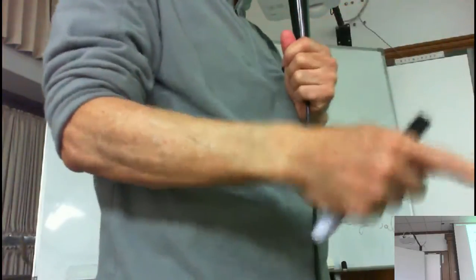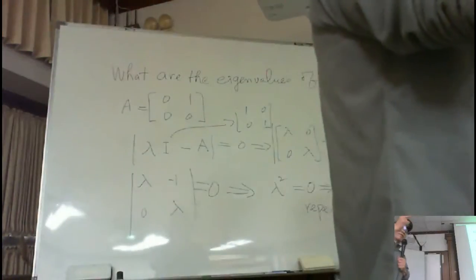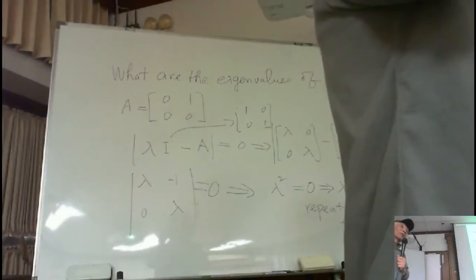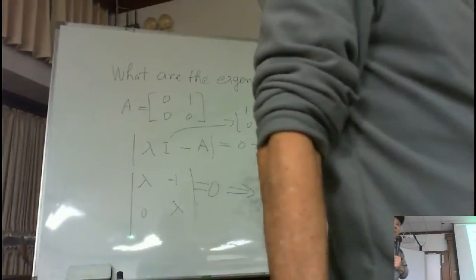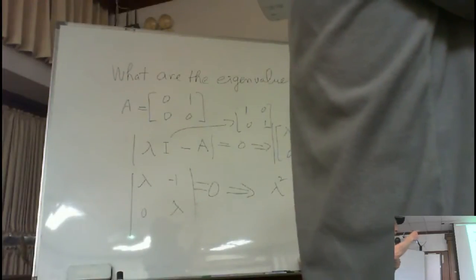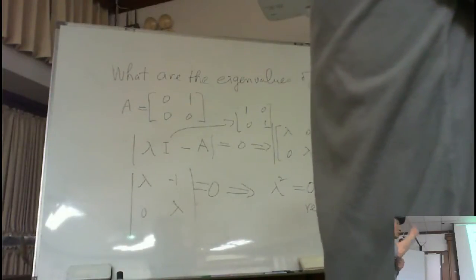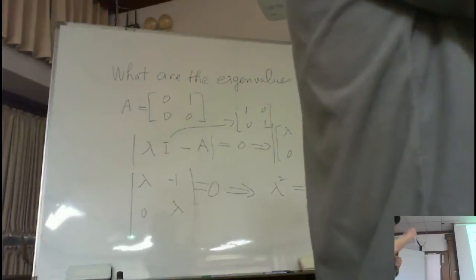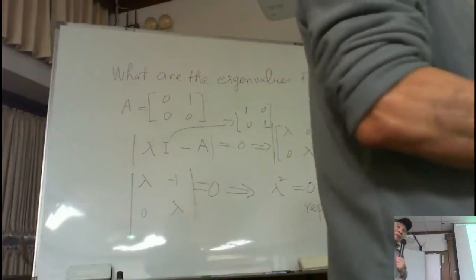If you say, oh, eigenvalue is 0, that's not right. You have to say 2 zero eigenvalues. They are repeated. Then I will show you, for those repeated eigenvalues, what kind of solution you're supposed to have. So you must remember that the rigid body motion has 2 zero eigenvalues.